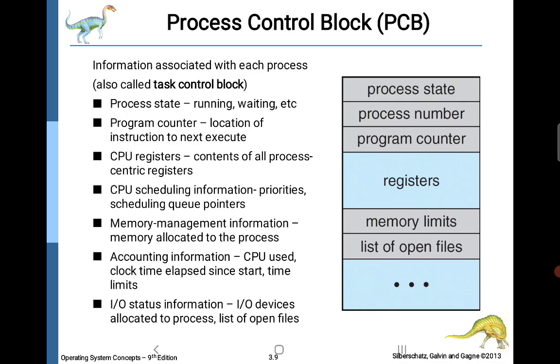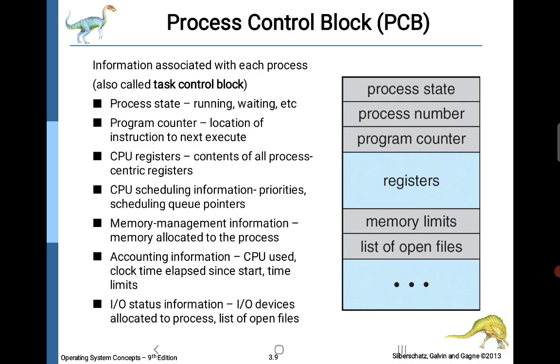The process state: is this process running? Is it waiting? Is it ready? Has it terminated already? The process ID, the process number, is the identifier of the process, of course. And the program counter will tell at which point exactly the execution of this process has reached.